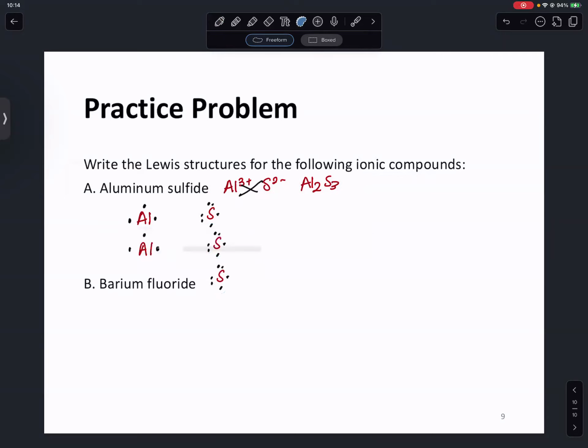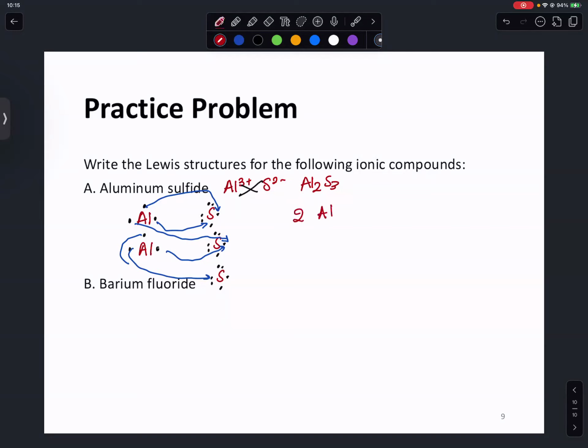All right, and what happens is each aluminum right here will fill in the octet of the 3 sulfurs, right? So for example, let me draw this with a different color. So it will fill in 1 here and 1 here, and the other electron will go in here, okay, and it will take 1 more from here. Okay, and then the rest of these 2 are going to go to the sulfur.